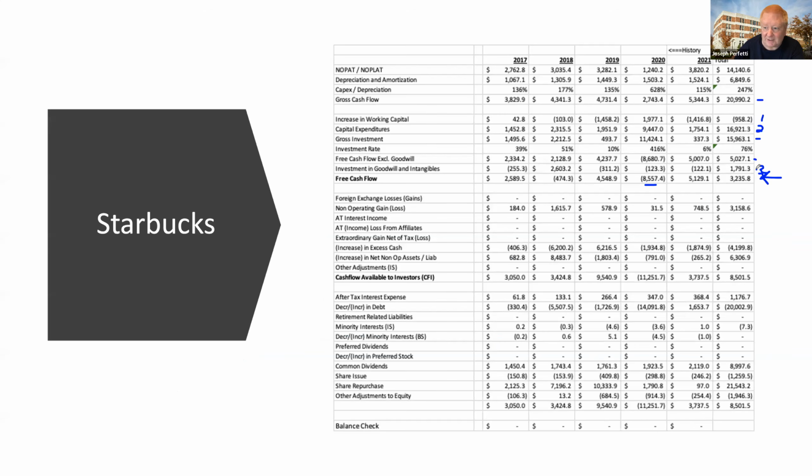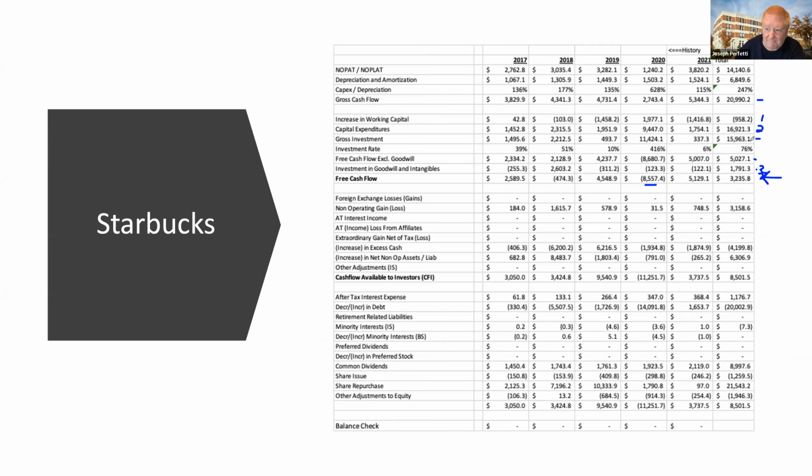So this is how you start to link back to the tree. So 2 drivers of gross investment, working capital and PP&E, that's CapEx, and then the third driver is goodwill. But these are the reinvestments of the 20.99 billion, leading to 3.2 billion of free cash flow.